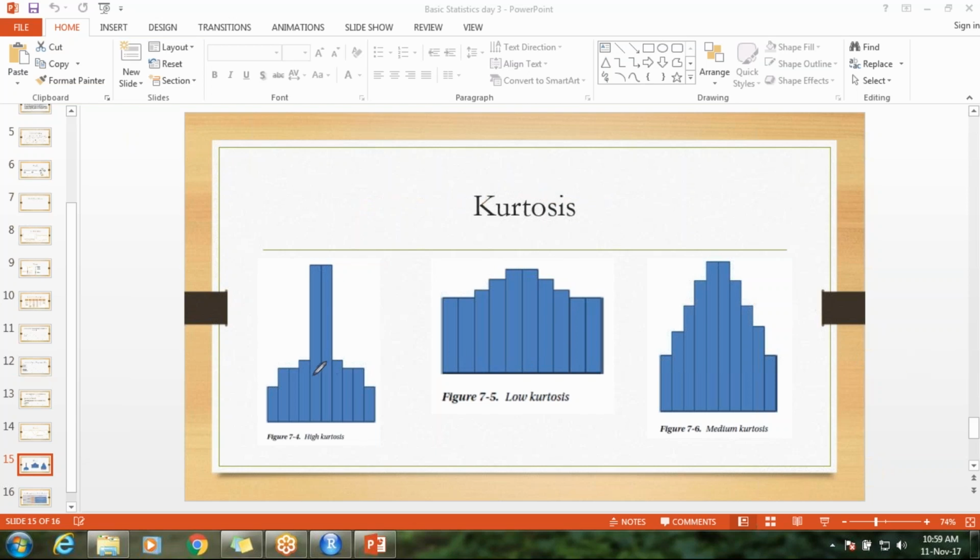High kurtosis behaves like a normal distribution, but toward the extremes the values or ranges go quite high.